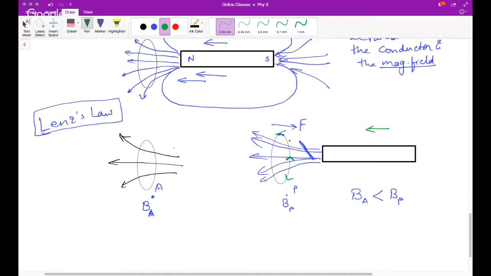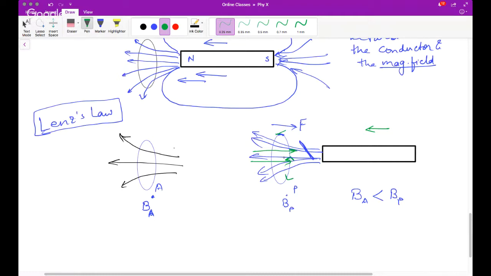That means there will be an induced current in the ring. The induced current in the ring will create a magnetic field which will oppose the magnetic field of the bar magnet. To oppose it, the ring must create a magnetic field in this direction.